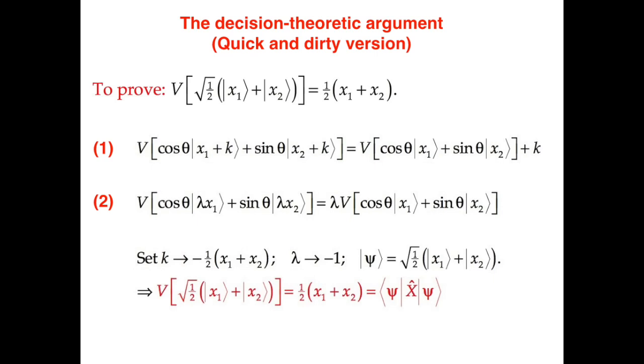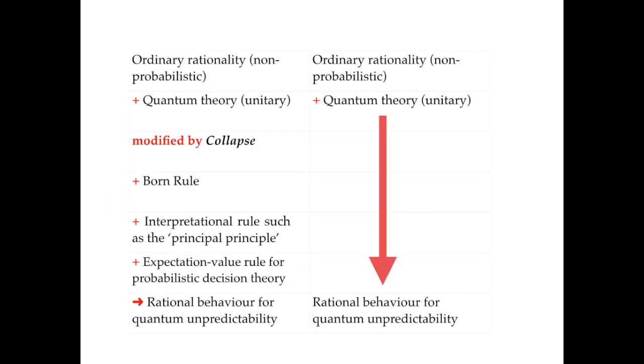Now we make those substitutions there on the slide, and it follows with a bit of algebra that for the equal amplitude state, v of psi is indeed the expectation value of x in that state, and we can prove the same for a general state, and that's QED. But look what we've done here in a deeper sense.